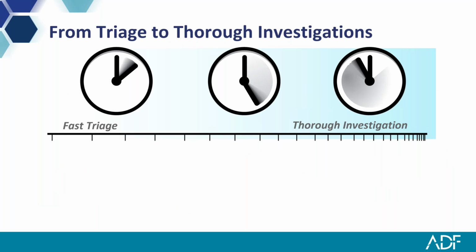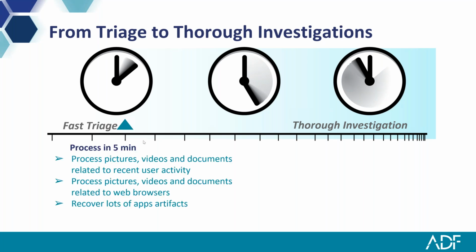As I was saying before, we go from triage to thorough investigations. So if you're looking for that true out of the box, low hanging fruit, fast triage, we can take a drive, and it doesn't matter what size the drive is. You could be 250 gig, 500, a terabyte, 2 terabyte.